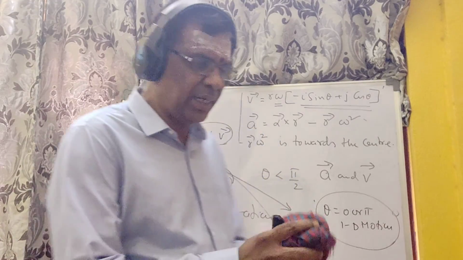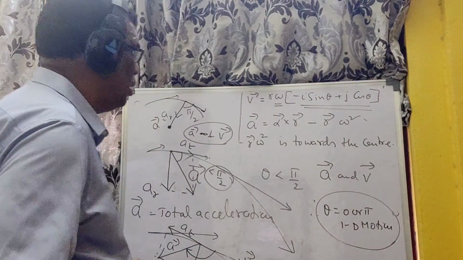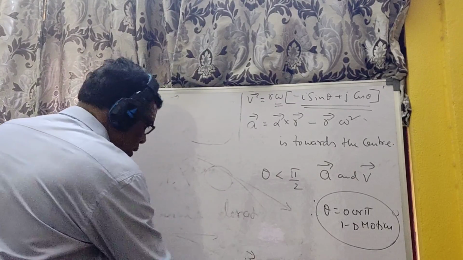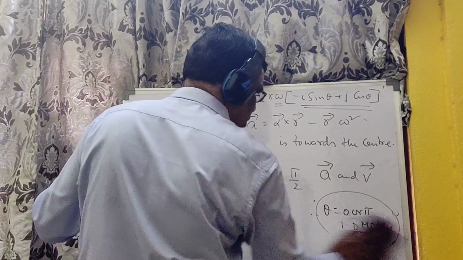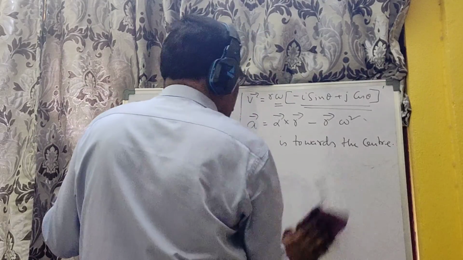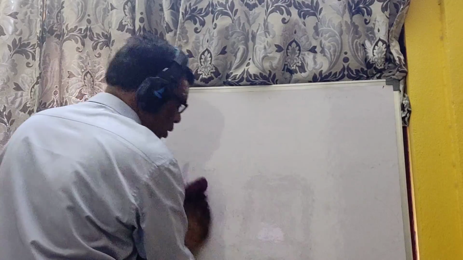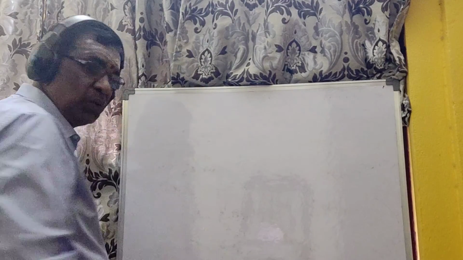If you just recall, I have tried to give you the fundamentals of circular motion. This is something that most people find difficult to digest, and that's the reason why I've tried to give you a very detailed analysis of that.